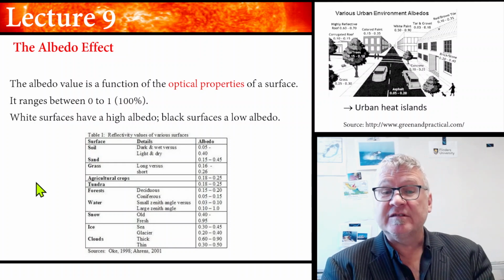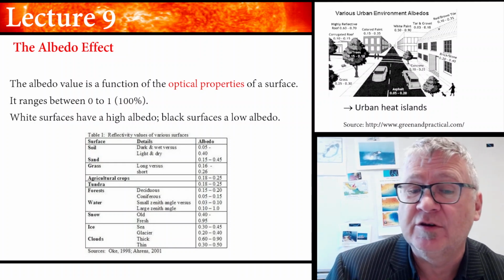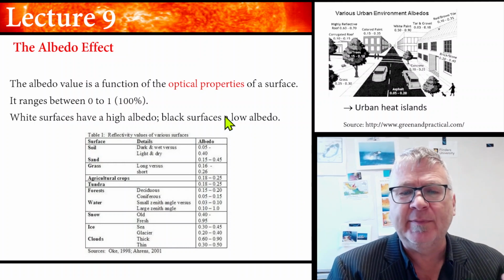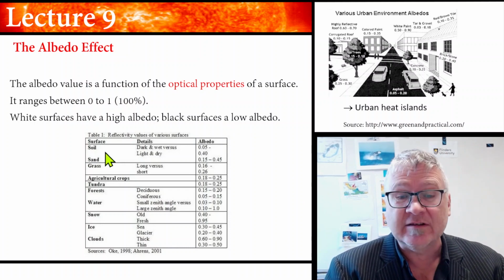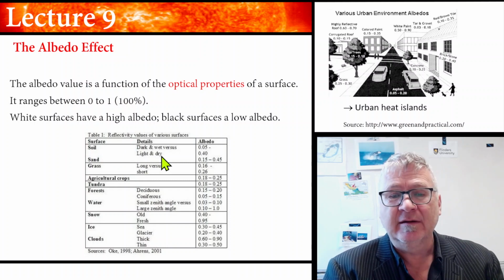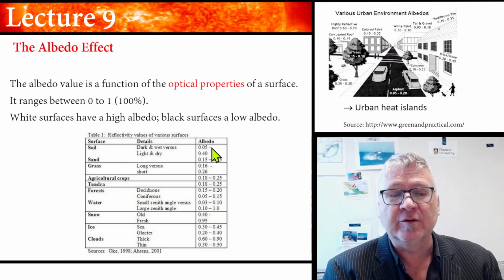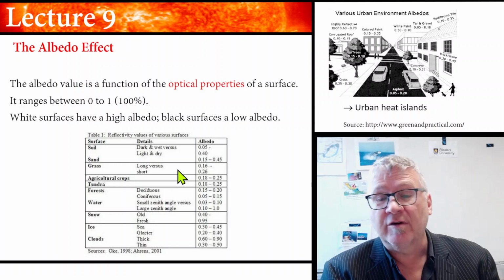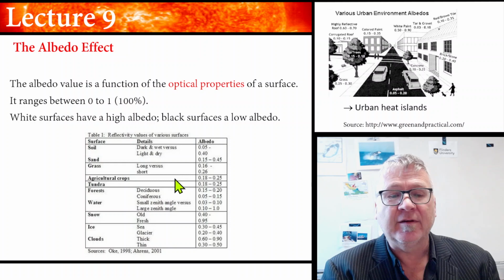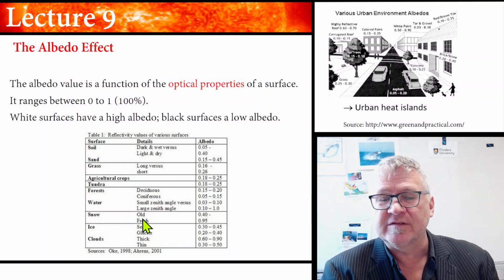So white surfaces generally have a high albedo and black surfaces have a low albedo. And here's another table which shows you the albedo as a function of different soil types, dark and wet versus light and dry. You see the range here of albedo. Long versus short grasses, agricultural crops. We look at forest, water surfaces, snow surfaces.